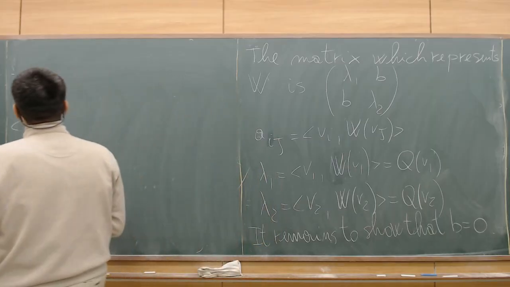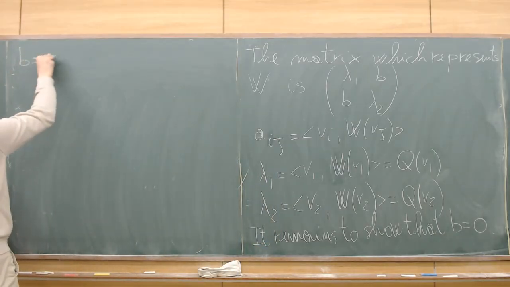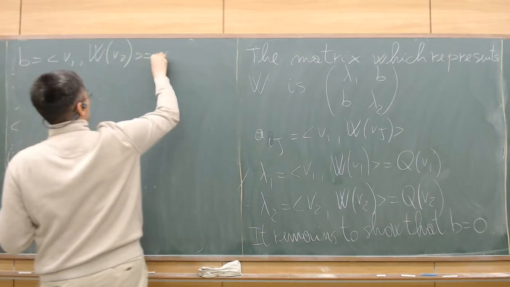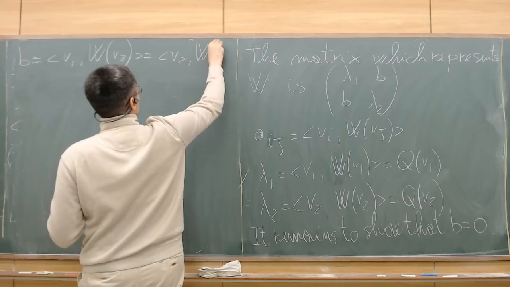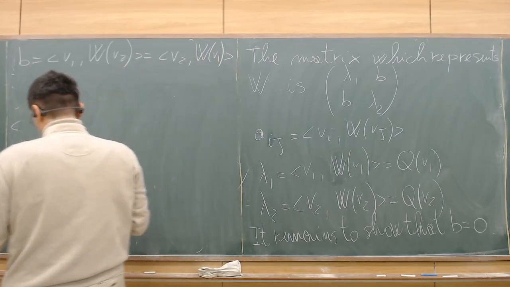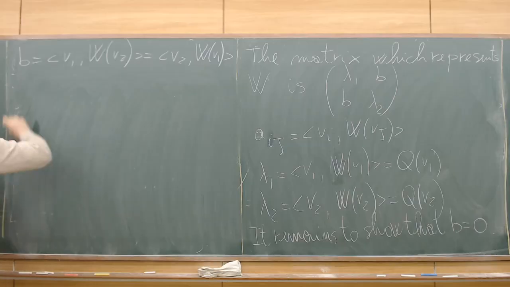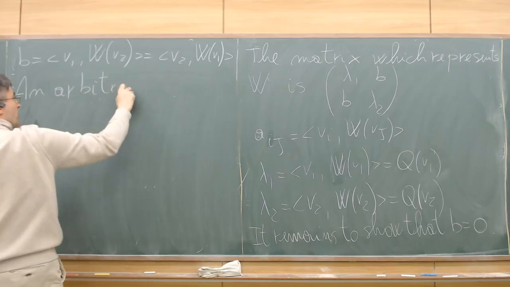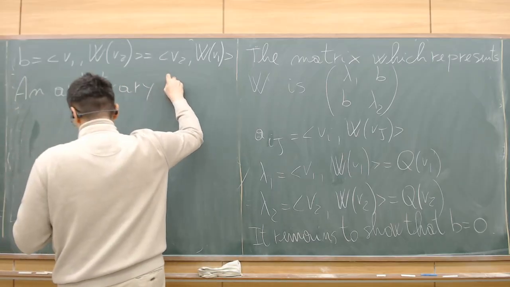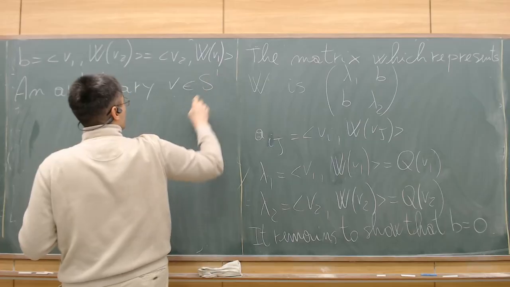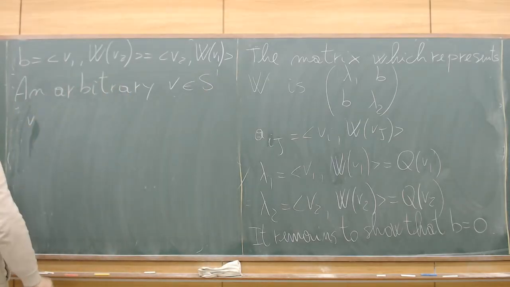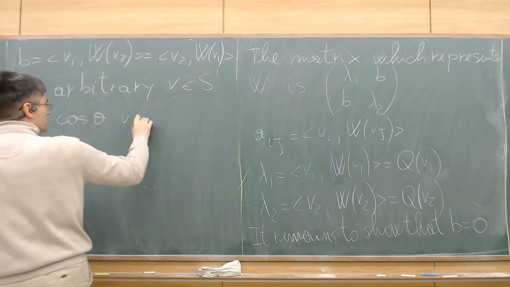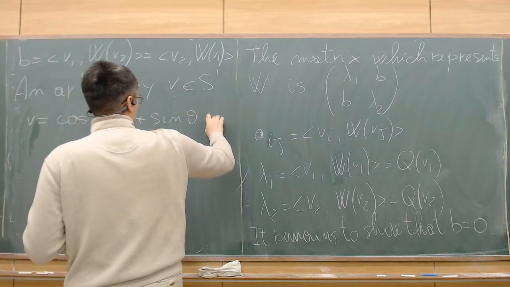So what is B? B is V1 Wv2, but also V2 Wv1. An arbitrary vector V in S1 can be written as cosine of theta V1 plus sine of theta V2.